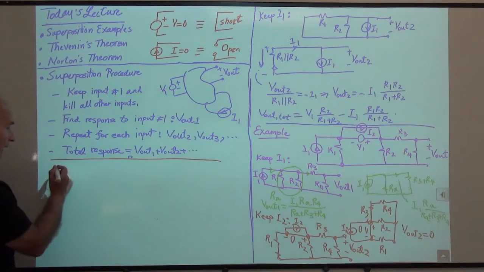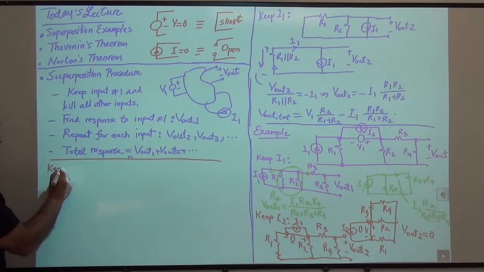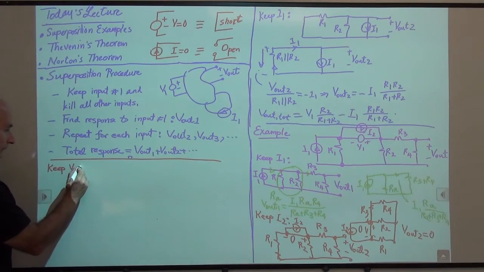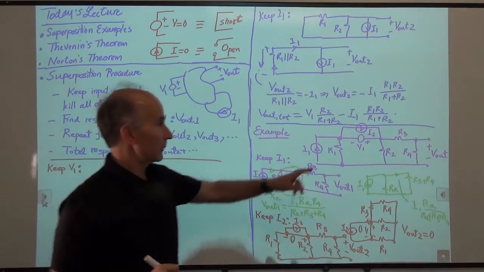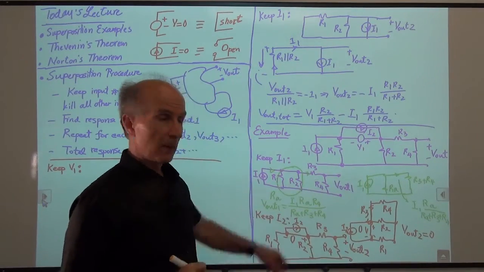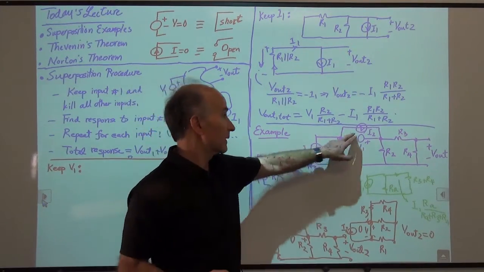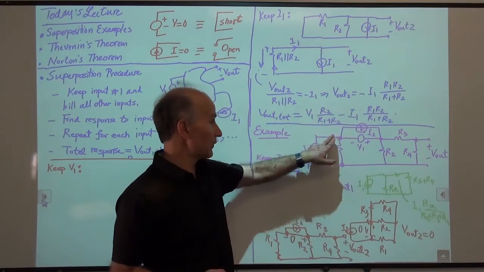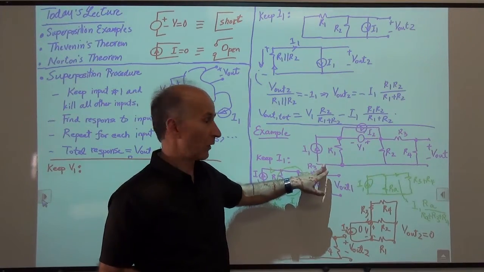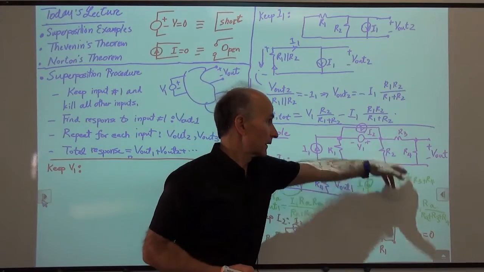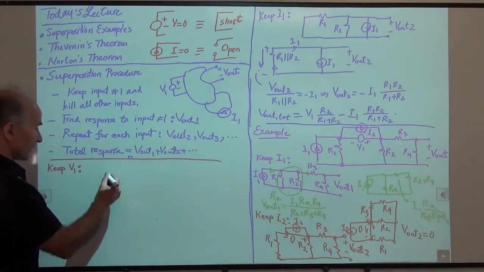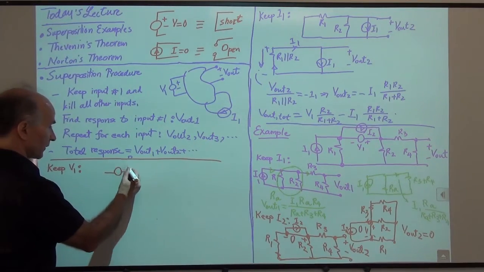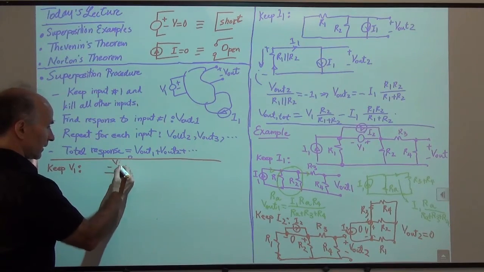So now we say keep V1. All right, so we want to keep this and want to set these two to 0. This is 0, it's an open circuit. This is 0, it's an open circuit. They're gone. These branches no longer exist. All we have is this, and these two resistors. So here's the circuit that we have, a nice little voltage source called V1.